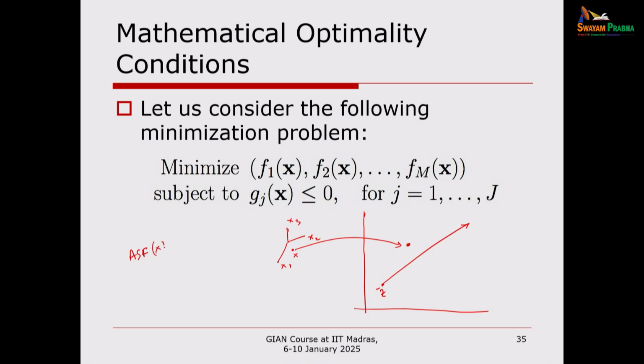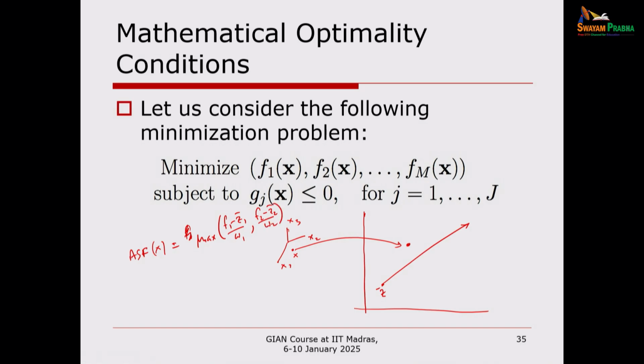My ASF value at this point, with 1 over w, is basically the max of F1 minus Z1 bar over W1 comma F2 minus Z2 bar over W2. So that's my ASF function.